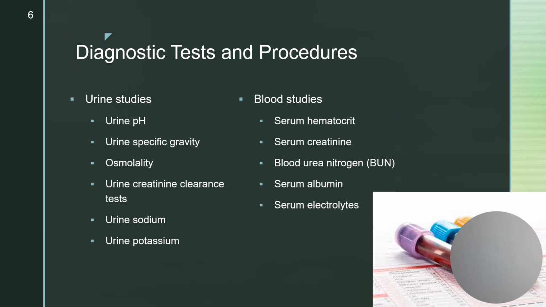We're going to note the time and then begin collecting urine for the next 24 hours. We have to keep it refrigerated, and if the client unintentionally discards some of that urine, then we have to start the test all over again. This test is going to help determine kidney function, especially at the glomerular level.